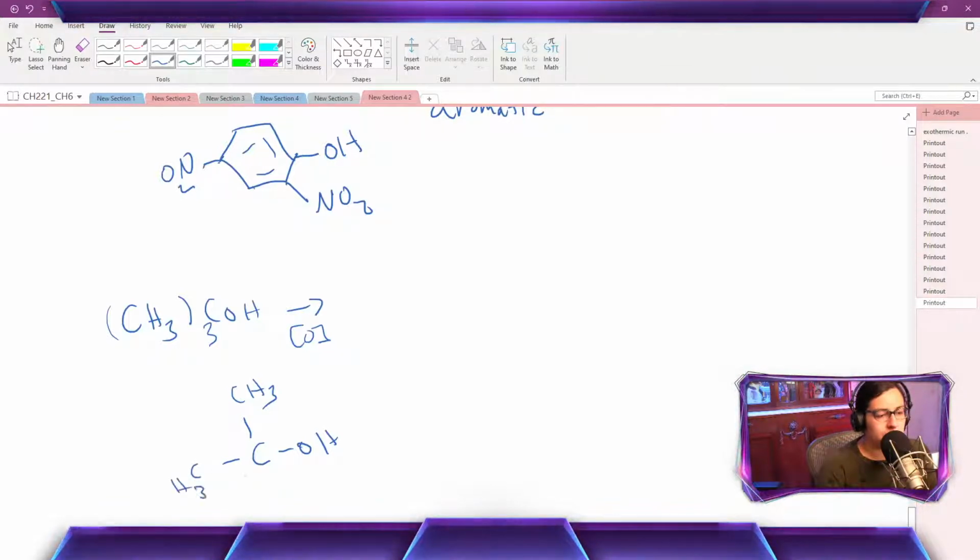So what's the problem with this? And so kind of the problem is there's no hydrogen, so we can't do any sort of elimination. And so even under these oxidizing conditions, we would have no reaction with that tertiary alcohol.